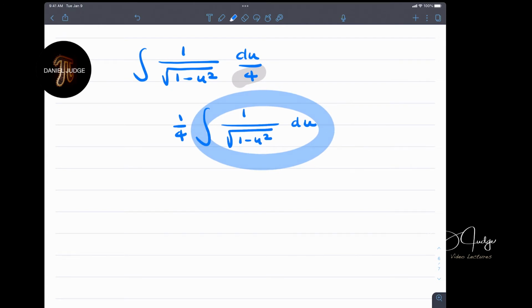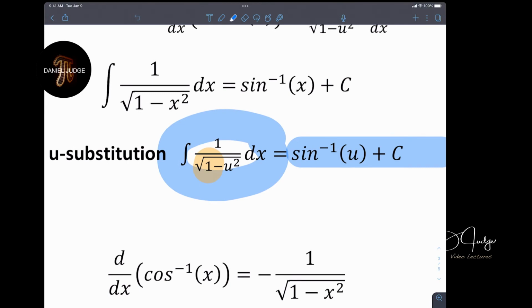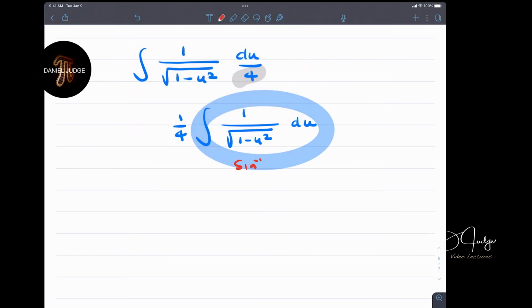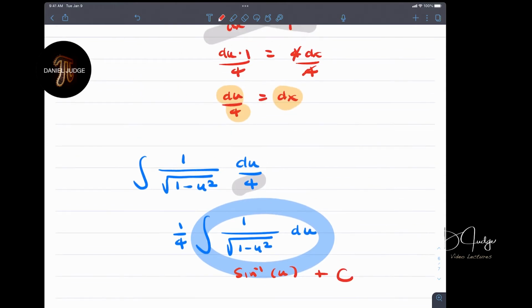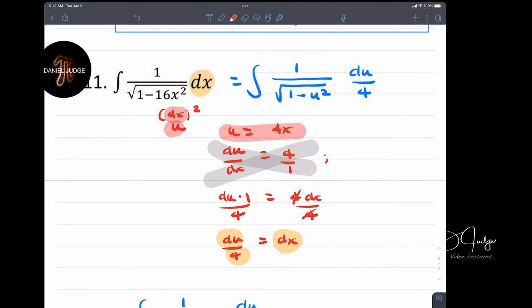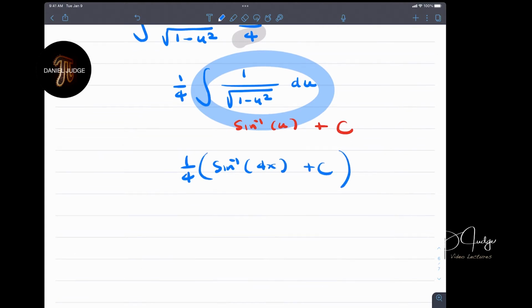Okay, so now you recognize that integral, that formula we want to use. It's right there, inverse sine u. So this is going to be inverse sine of u, of course, plus c. And we want to know u here again. u is 4x. So here's the final answer: 1/4 inverse sine of 4x, yes, plus c. You're going to distribute.